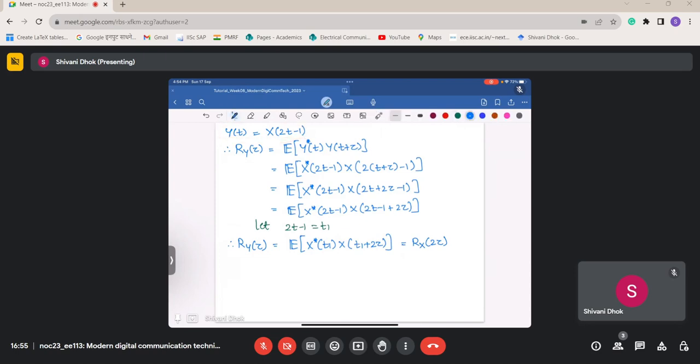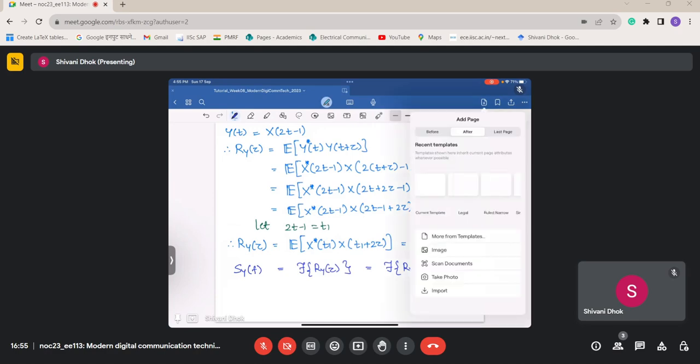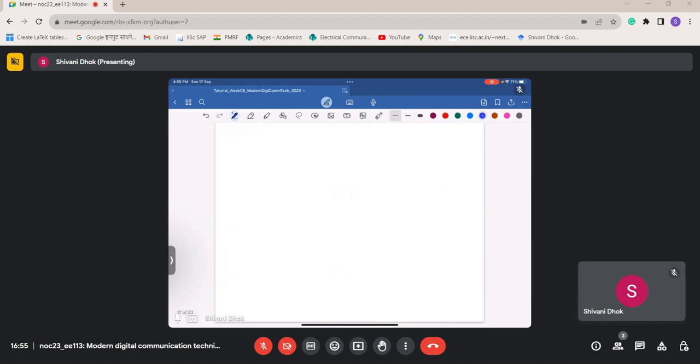And now what we need to do is Sy of f will be equal to the Fourier transform of Ry of tau, which is equivalent to finding the Fourier transform of Rx of 2 tau.